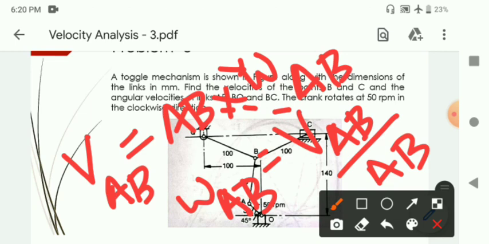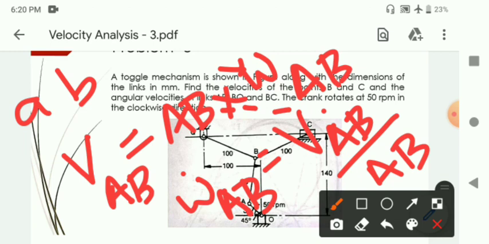From the velocity diagram, you can find the velocity of A relative to B or B relative to A. That is the length of line AB in the velocity diagram. That has to be divided by the scale factor of 10 and then divided by the length. You get the angular velocity of AB.